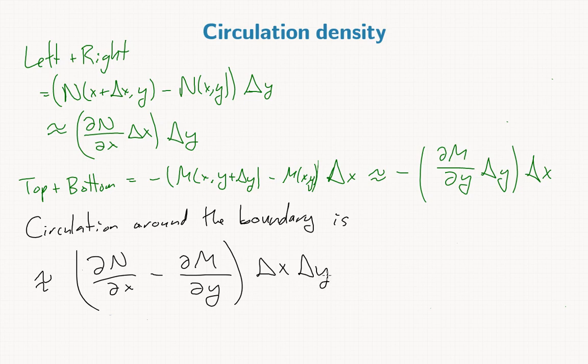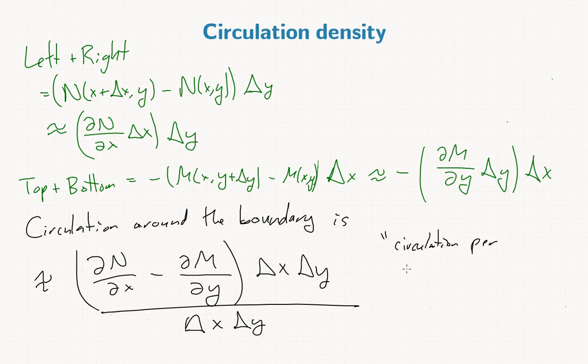Then if we divide this total circulation by delta x delta y, this will be the circulation per unit area. And that's what we call the circulation density. Okay, so let me make this a definition. That's where the motivation for this definition comes from.